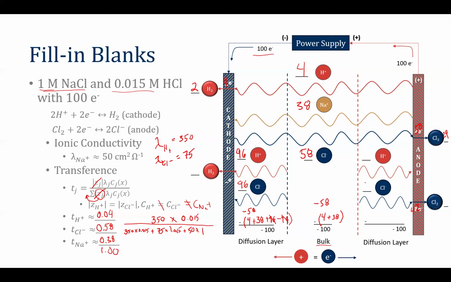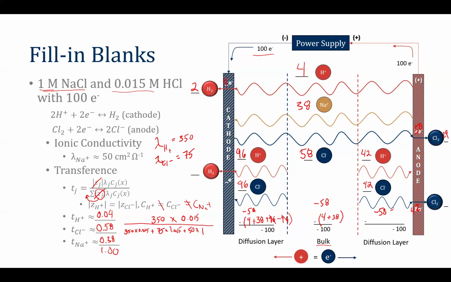And so that means we're going to need 42 chlorine anions diffusing towards the anode, which will bring 42 hydrogen cations with it.